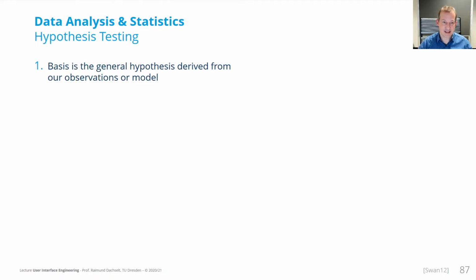So for hypothesis testing, the idea is basically to derive a hypothesis from our observations or model. In the study I was using throughout this lecture, we had the hypothesis that spatial interaction is faster than touch. That means we assumed that techniques involving spatial movement of the mobile phone to zoom or pan in this AR space are faster than in the touch condition.